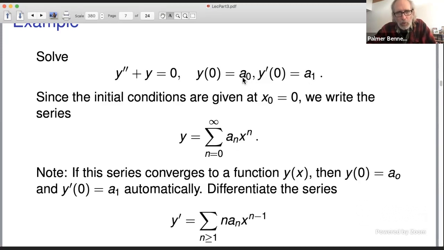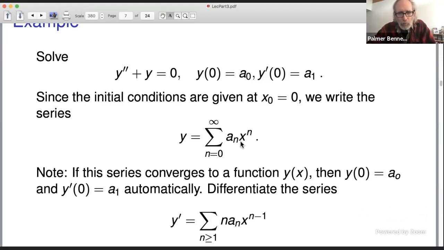So that's why I'm calling the initial conditions a0 and a1, because they are going to be exactly the first two coefficients of this series. They're going to be the position at x equals 0, and the velocity, the derivative at x equals 0. Okay. So that's what it says here, that that's automatically going to hold if you write down a power series like this.